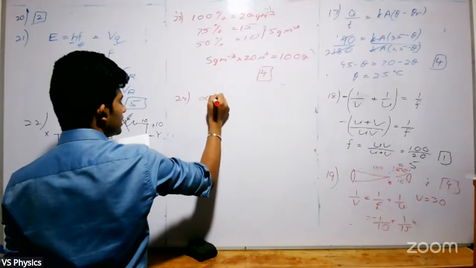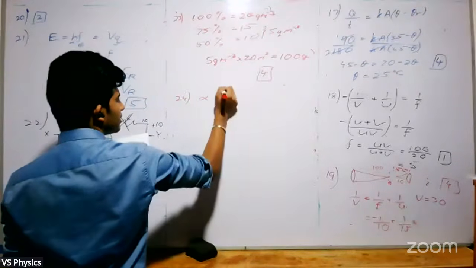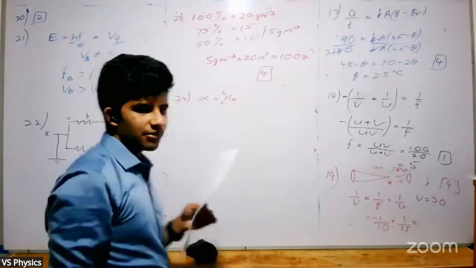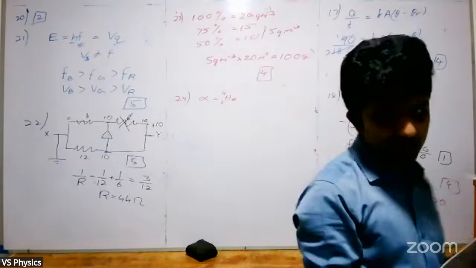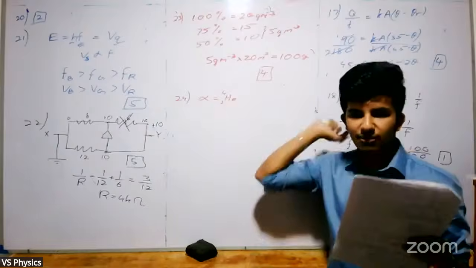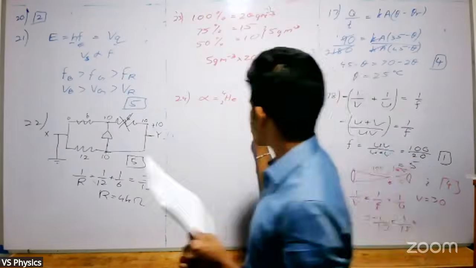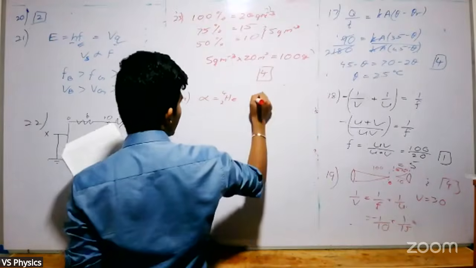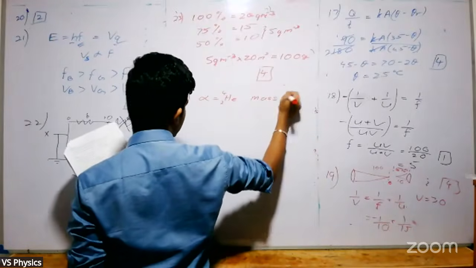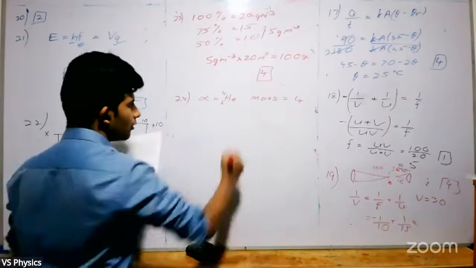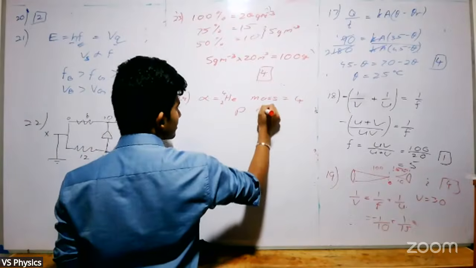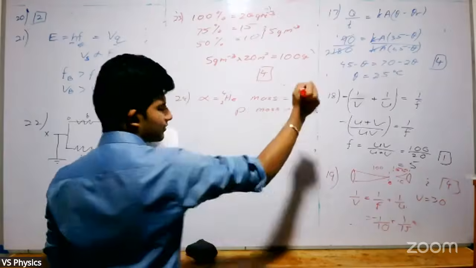Alpha particle is helium, helium 4 2, basically a helium nucleus. Then the mass of this is comparatively 4. The mass of a proton is comparatively 1.